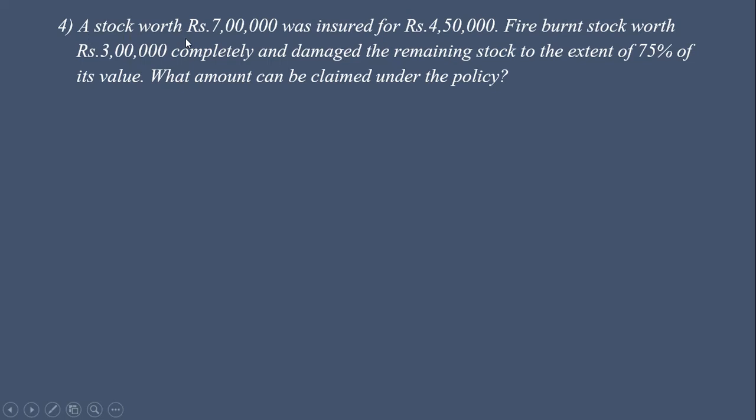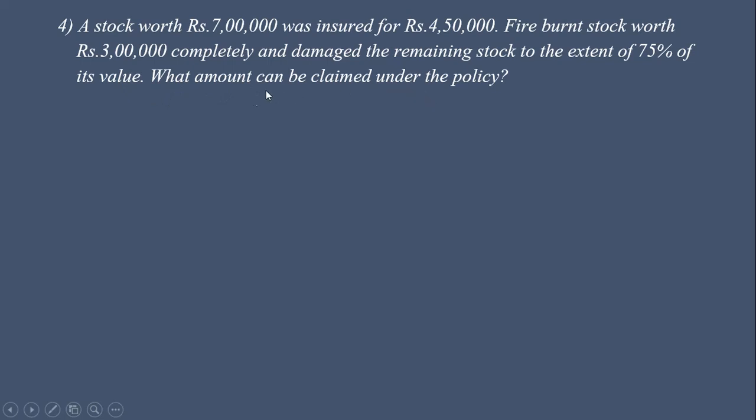A stock worth rupees 7 lakh was insured for rupees 4,50,000. Fire burnt stock worth rupees 3 lakh completely and damaged the remaining stock to the extent of 75% of its value. What amount can be claimed under the policy?